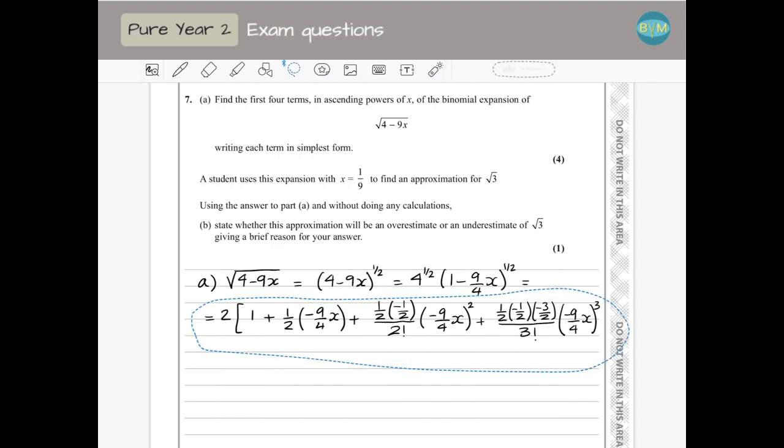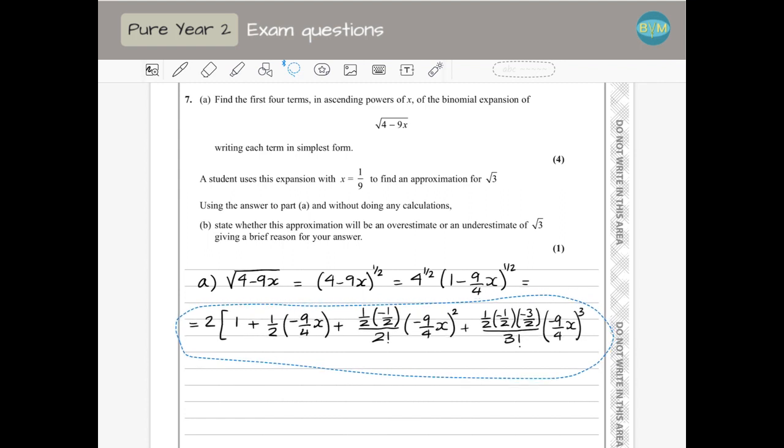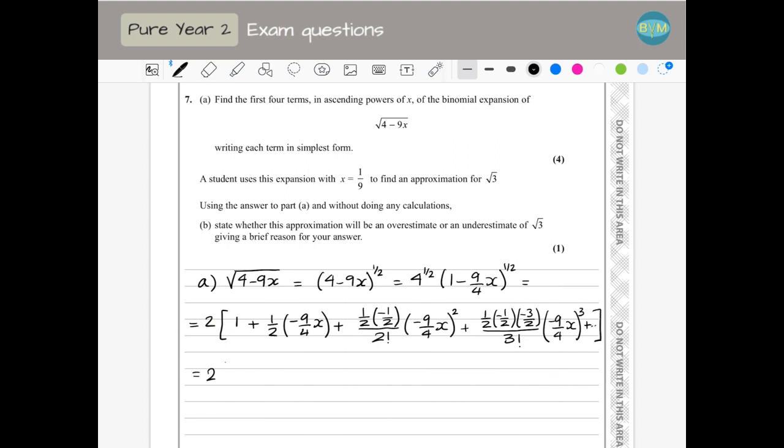I would write these two multiplying from the beginning so I don't forget. Then I again leave the 2, and I write all these with the calculator. So 1, then it's going to be minus because I have minus 1/2 times 9/4, which is 9/8 times x.